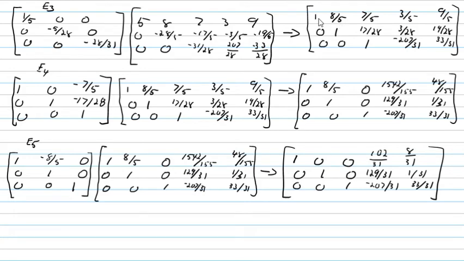So I get a 1 here. This row will result from what? Taking none of this row, minus 5 over 28 of this row, and that's it. And then you get a 1 here. And likewise here, you take none of these two rows and then minus 28 over 31 of this row. Note, minus 28 over 31 times this will give me a 1.